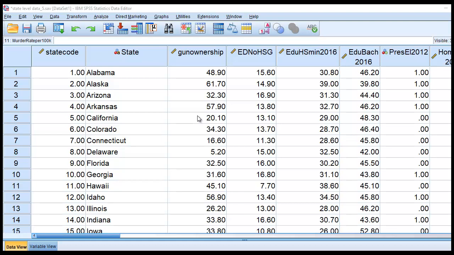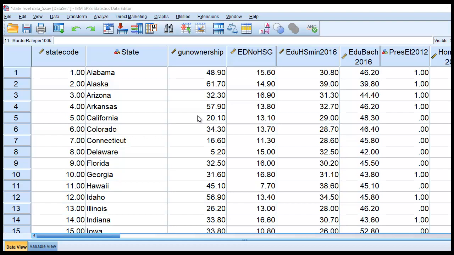Now, I want to make it really clear that we have essentially a population of states that are represented in this particular demonstration. So when you're carrying out the independent samples t-test to compare groups, the basic idea is that the groups are assumed to come from separate samples.